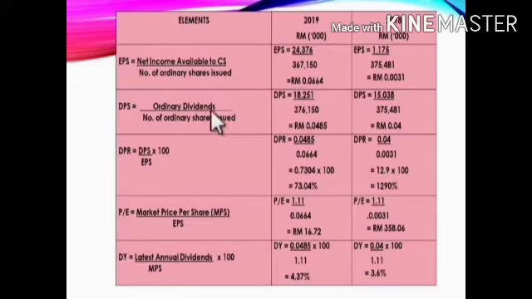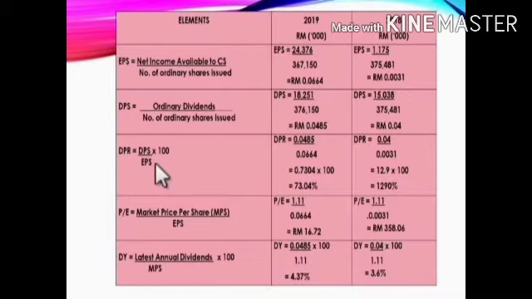The next one, dividend per share, the formula is ordinary dividends divided by the number of ordinary shares issued. In 2019, the company recorded RM 0.0485 for its dividend per share, while in 2018, it recorded RM 0.04.